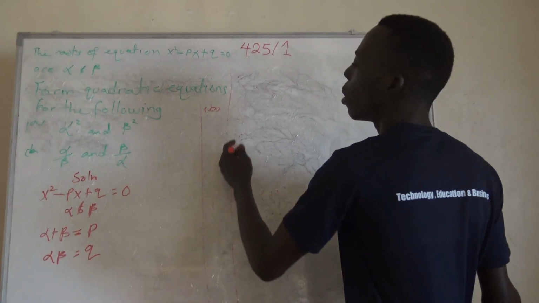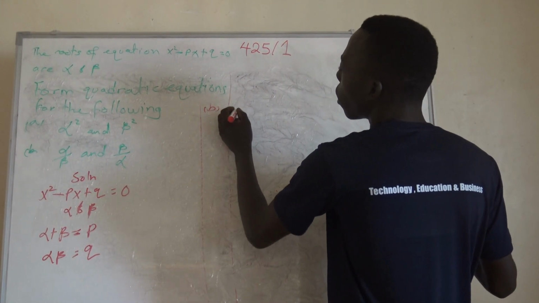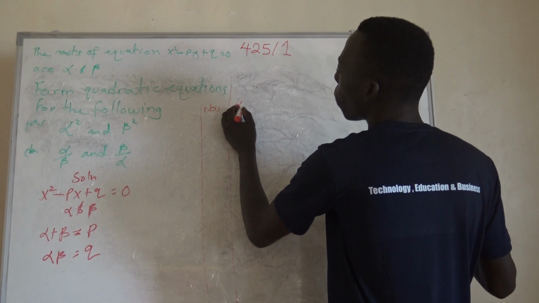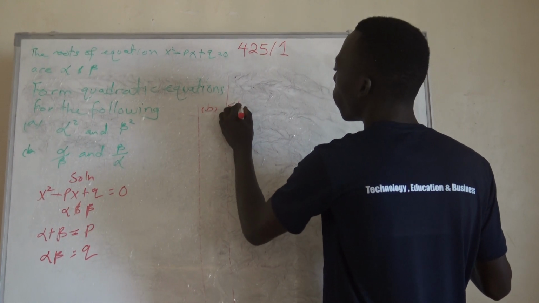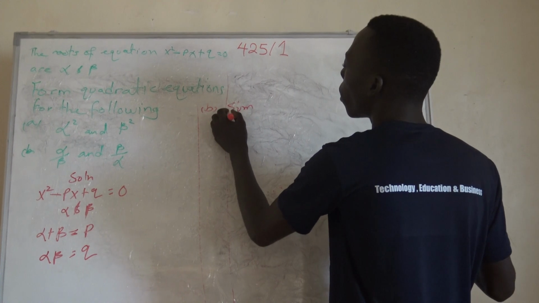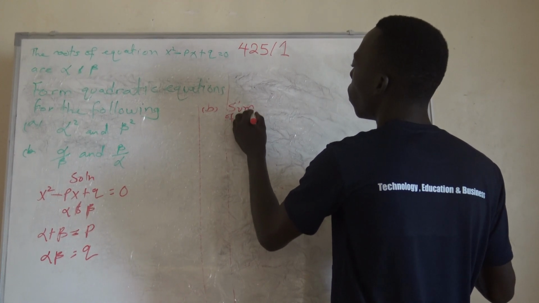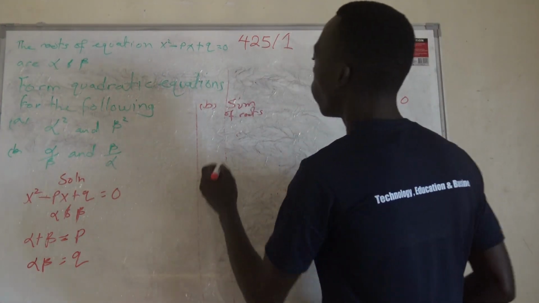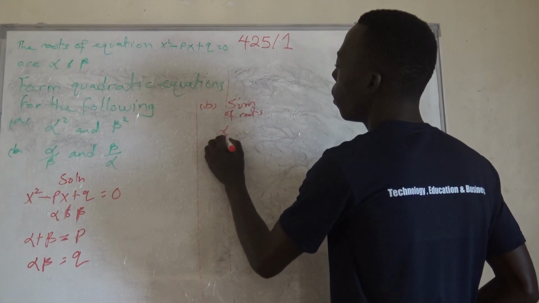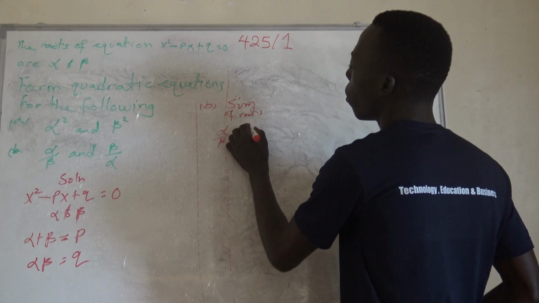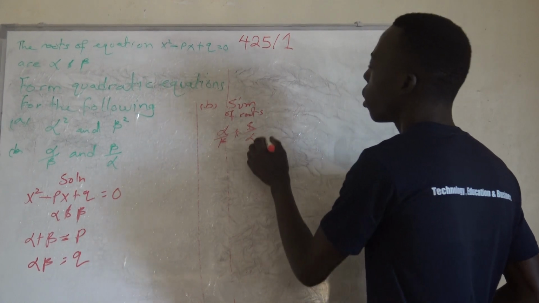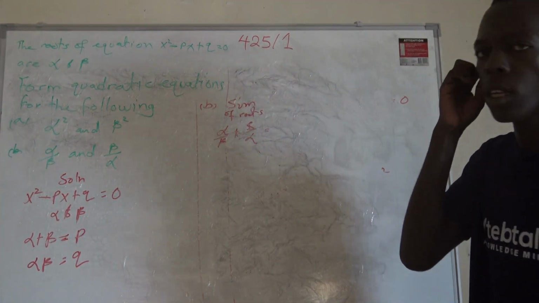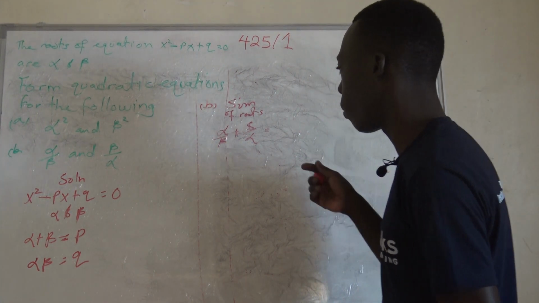We first get the sum straight away, the sum of roots. The sum of roots is this one plus this, which is alpha out of beta plus beta out of alpha. Then from there we get the LCM.